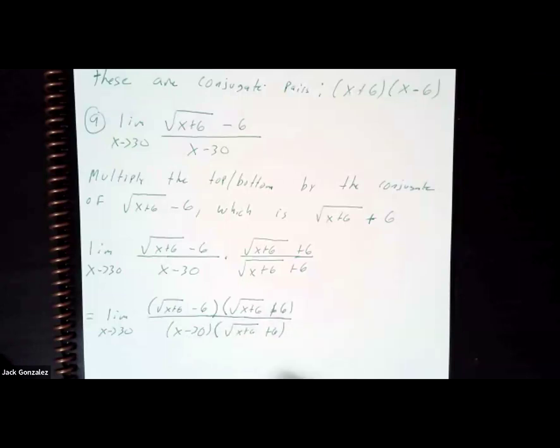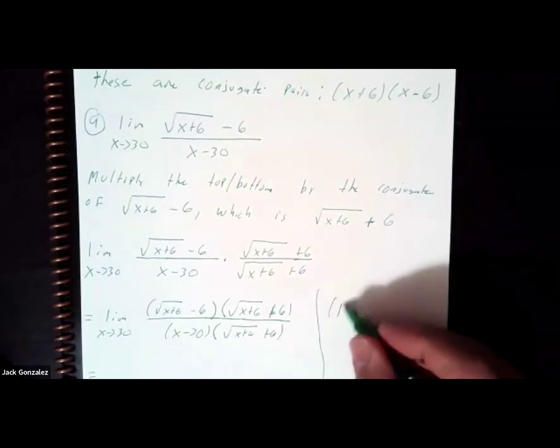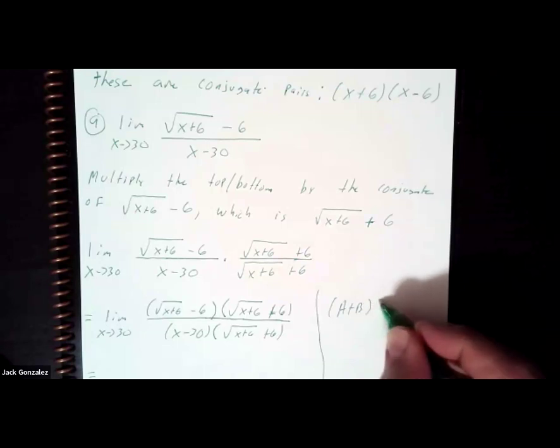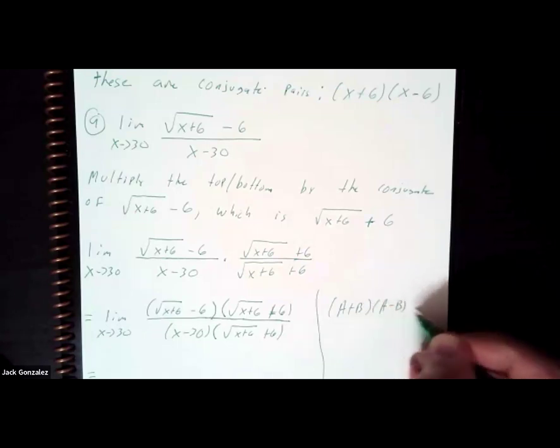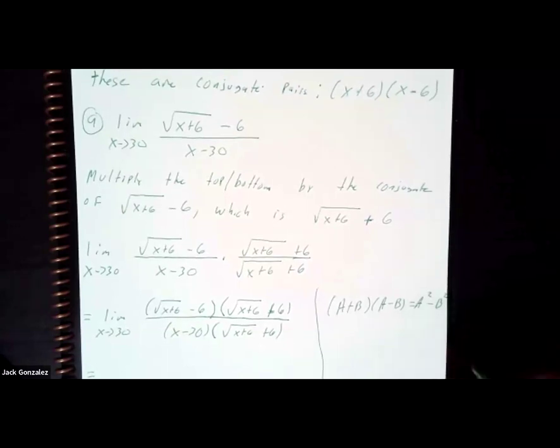Okay. So remember the difference of squares formula. If you multiply these, you always get a squared minus b squared, correct? Yes. So on the top, we're going to get that same thing.